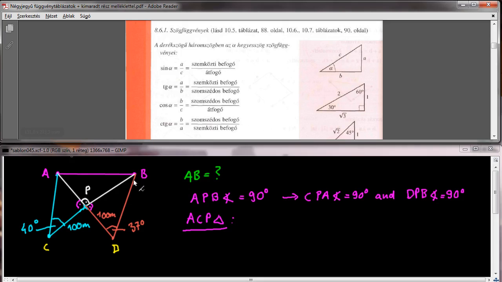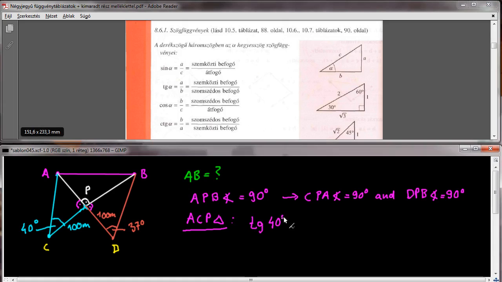So let me write this. Tangent of this 40 degrees is equal to how much? It is equal to AP, this line, over this line, which is CP. But I'm actually looking for AP. I want to calculate first this line, okay? So AP is how much? AP is tangent 40 degrees times CP.